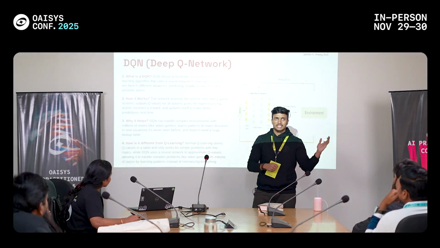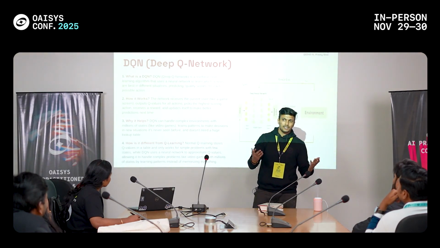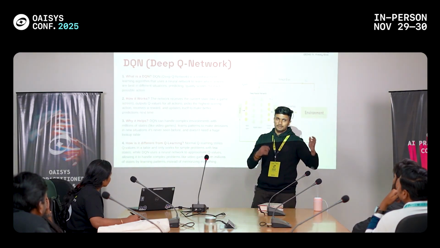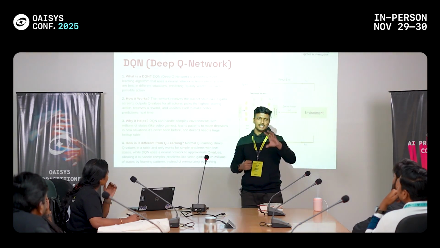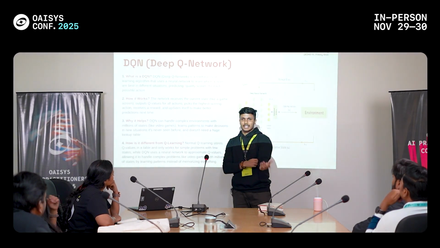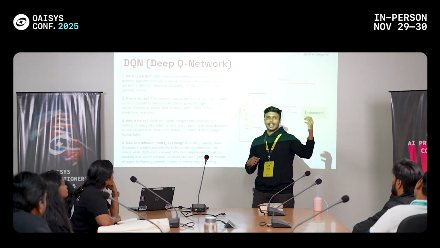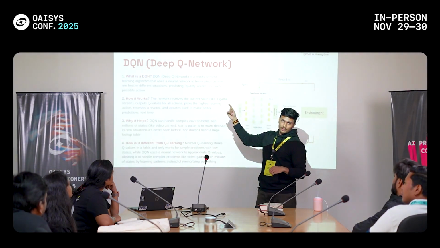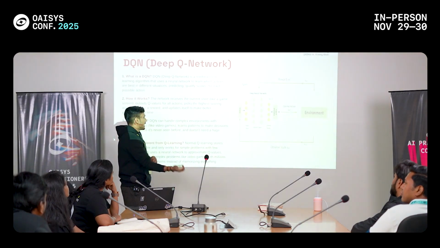In that case, we replace the Q table with a neural network which learns. A neural network is basically a mini brain. It has an input layer, hidden layer, and output layer. The input layer takes data, the hidden layer does pattern recognition and understands what patterns are inside the input data, and provides us the output. So we are combining the Q table and neural network into a single network called DQN, which is deep Q network. We will be using this in my adaptive RAG.